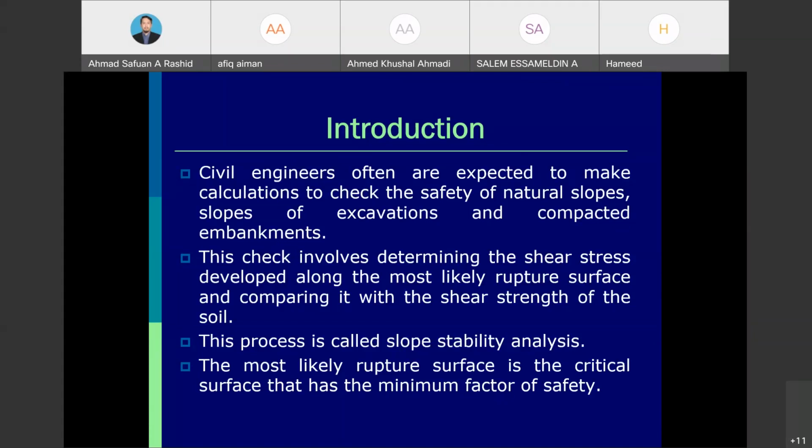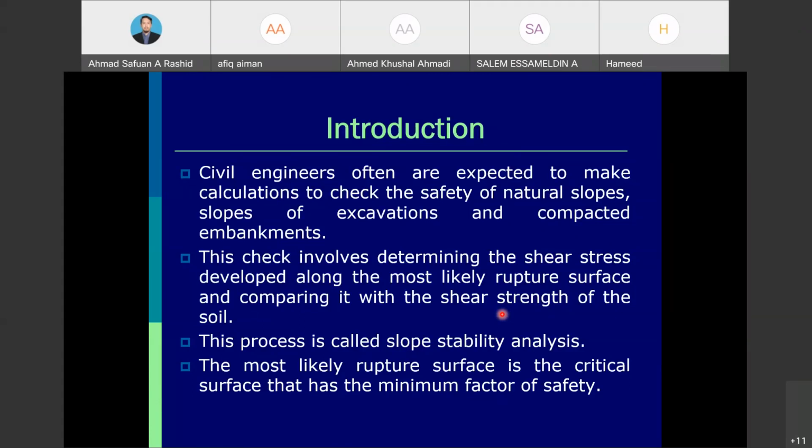There will be two types of force. The first is the shear stress, which we call the driving force, which tends to make the block or mass of the slope move downwards.